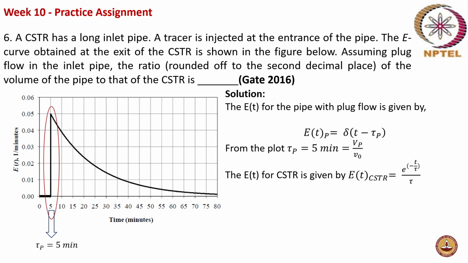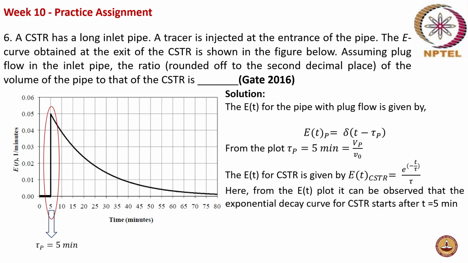Now in this case we have a CSTR with a long inlet pipe. That means the material has to flow through the inlet pipe and then through the CSTR. So we can observe that the exponential decay curve starts after 5 minutes only.